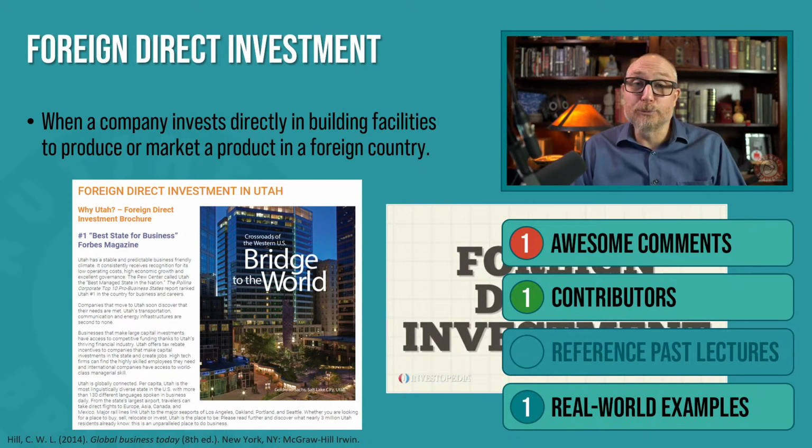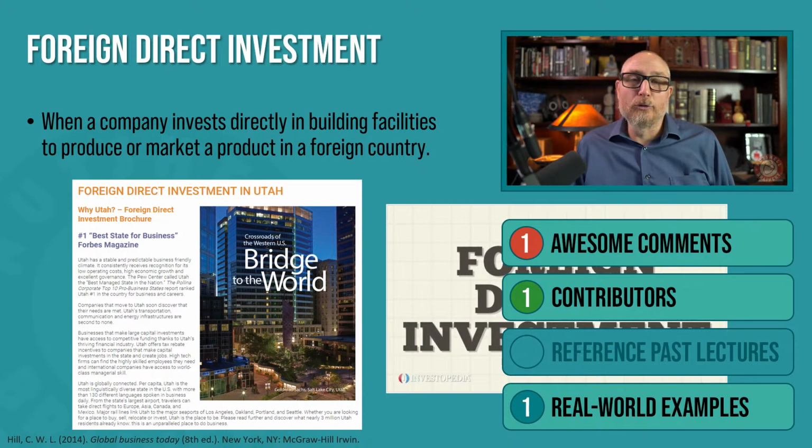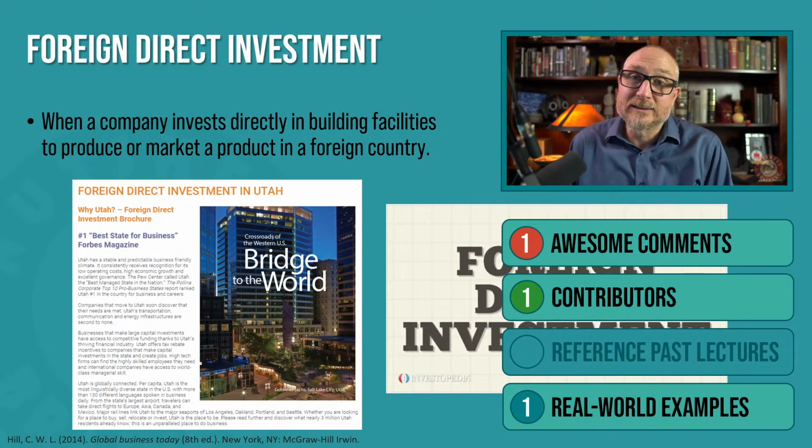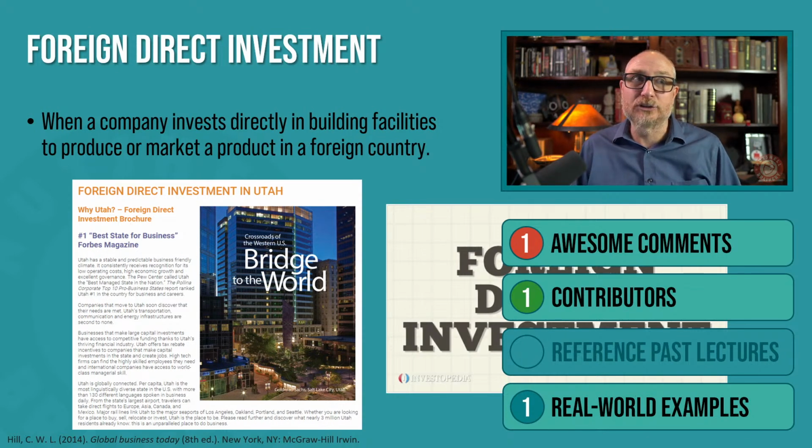Foreign direct investment goes both ways. So, for example, if you drive a Toyota or a Honda or some foreign car, odds are it was built here in the United States because these auto manufacturers have built up manufacturing sites here so that they can build cars to sell to us. That's an example of foreign direct investment coming our direction.